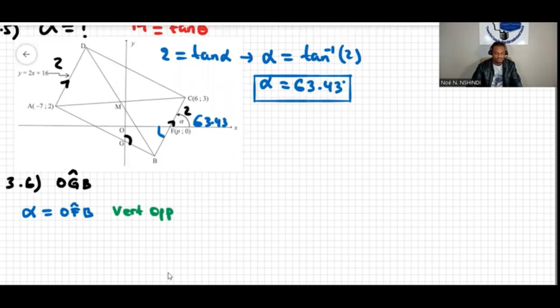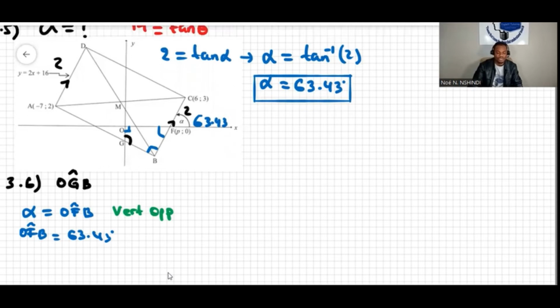So OFB is also equal to 63.43. And then this angle here is also 90 degrees because the y and the x-axis are perpendicular, and then this also is 90 degrees because it is a rectangle.